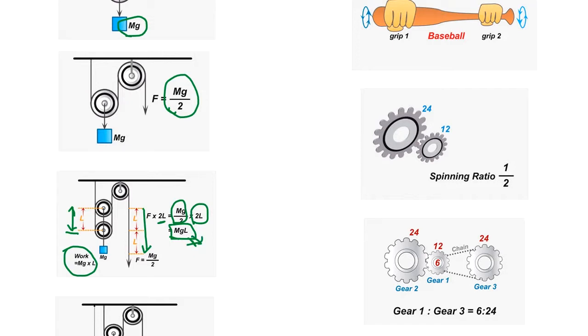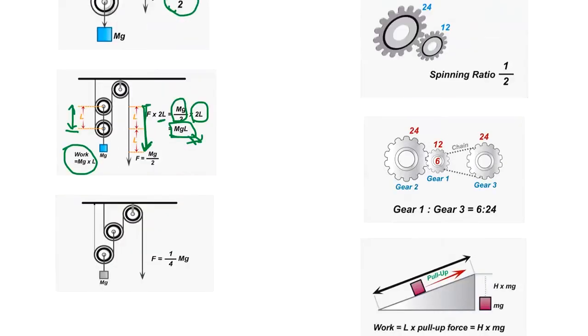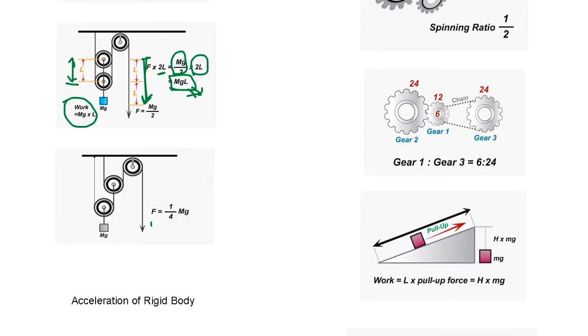You just change the force and use that force over a longer distance. Now you can make it one quarter because each time it's going to be mg half, mg half.